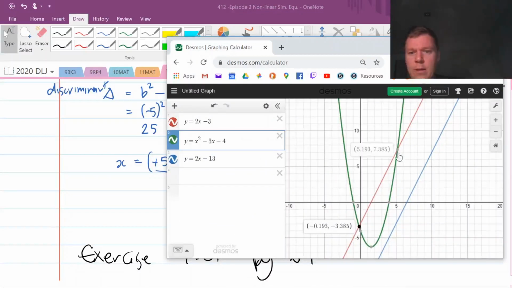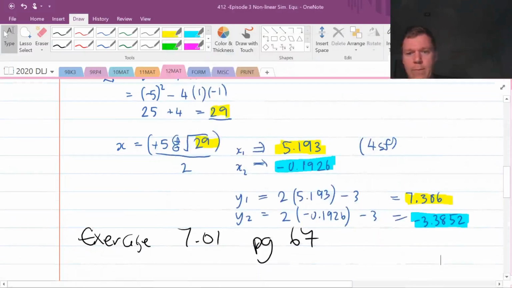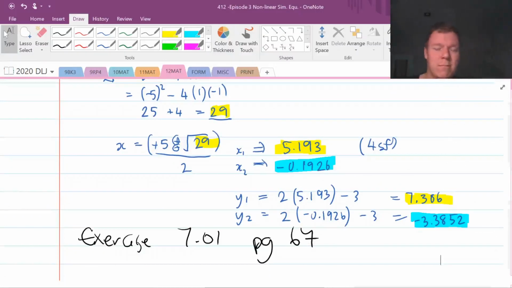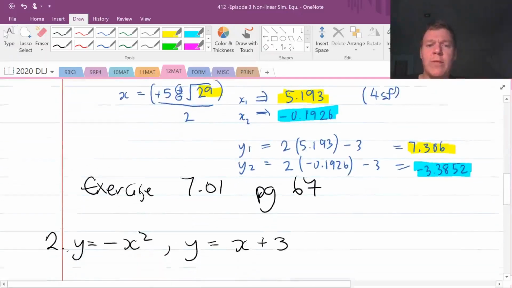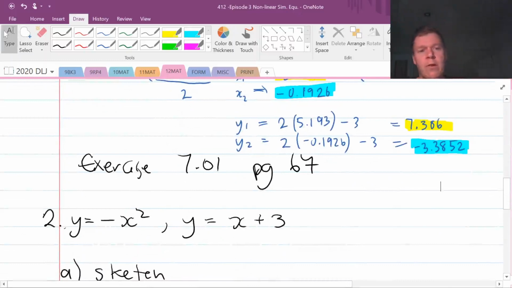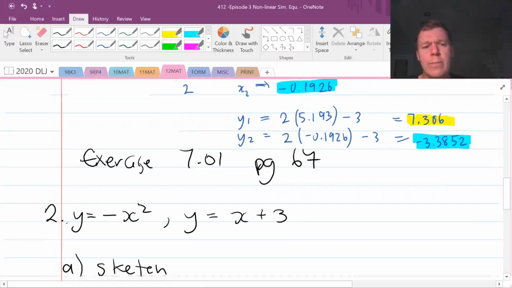Looks like I did it okay. Right. Okay, so that's how you can find intersection points of a line and a parabola. So we're going to just focus on lines and parabolas, but there are other graphs that we can find intersection points for, but we'll do that later.